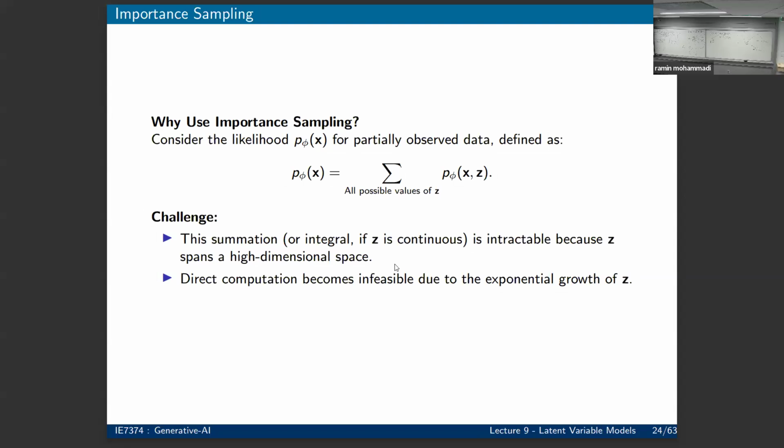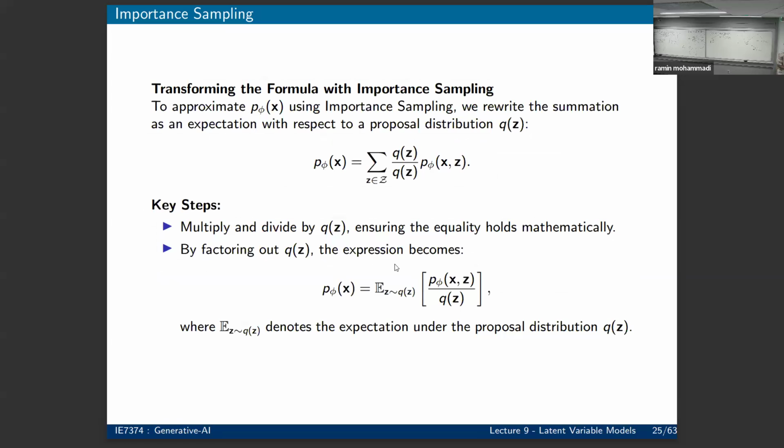This just summarizes what we just talked about. This is how importance sampling works. It's kind of like some manipulation.